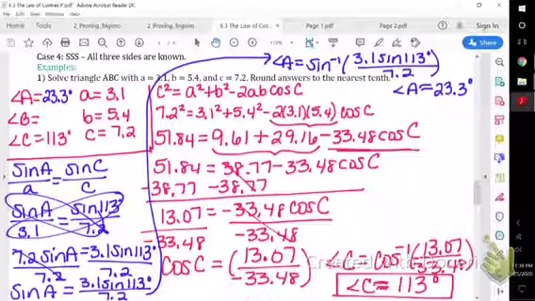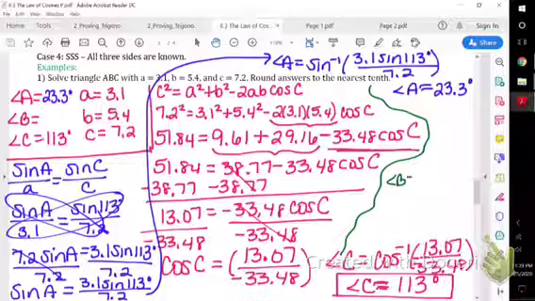And then how are we going to find angle B? Well, we're going to use the fact that we know all three angles are going to add to be 180. I'm going to do it here. So we know we're going to have 180 minus the 23.3 plus the 113.